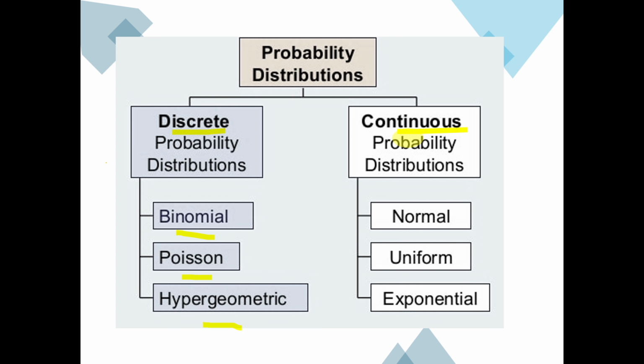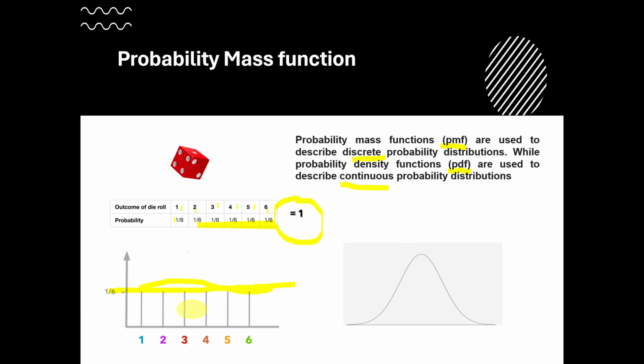Continuous distributions are divided into normal, uniform, and exponential. So for example, this is uniform distribution and this is normal distribution. In normal distribution, in the center you have mean, median, mode.